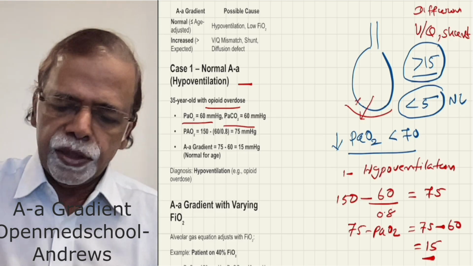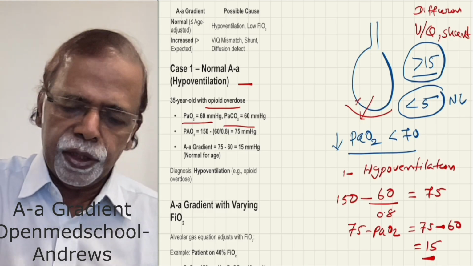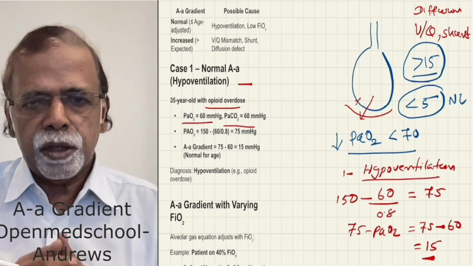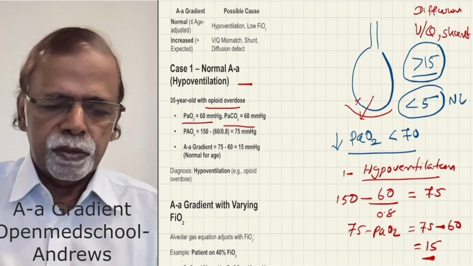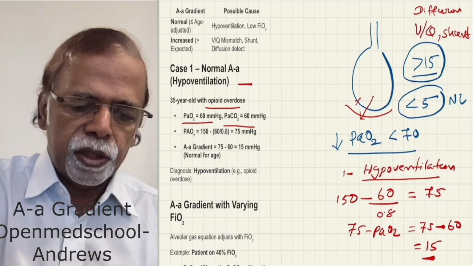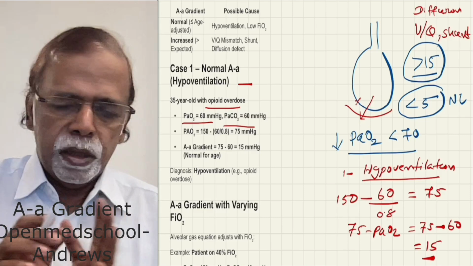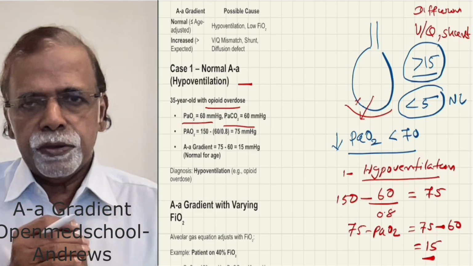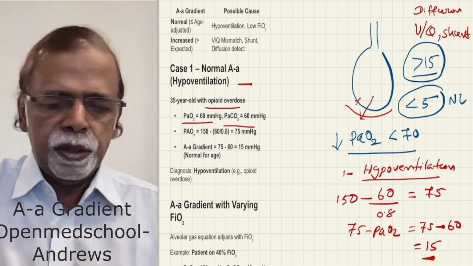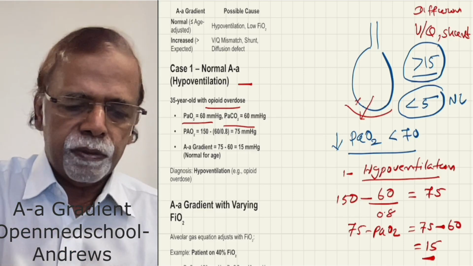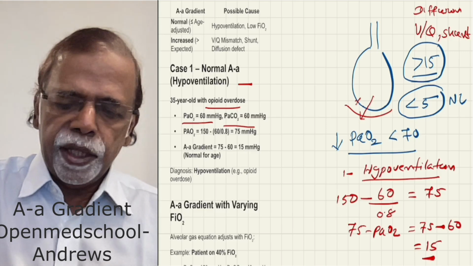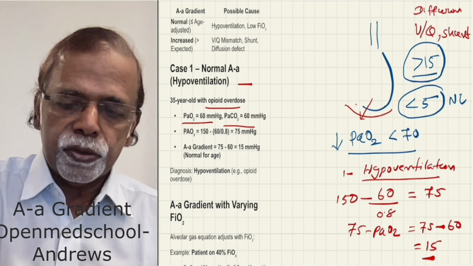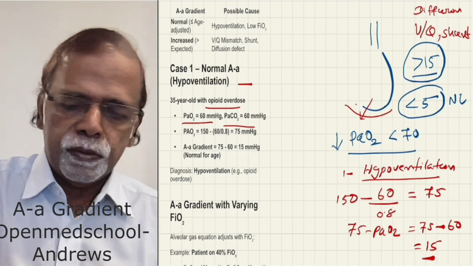So this is suggestive of hypoventilation and is consistent with the clinical setting: the patient has opioid poisoning. So this is a very important point regarding the usefulness of AA gradient. The second thing you should remember is that the AA gradient depends upon the FiO₂ also.